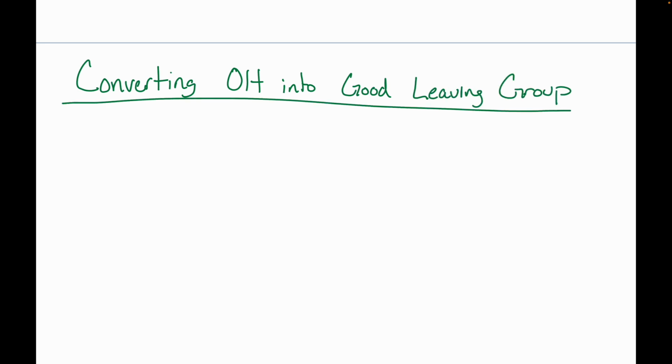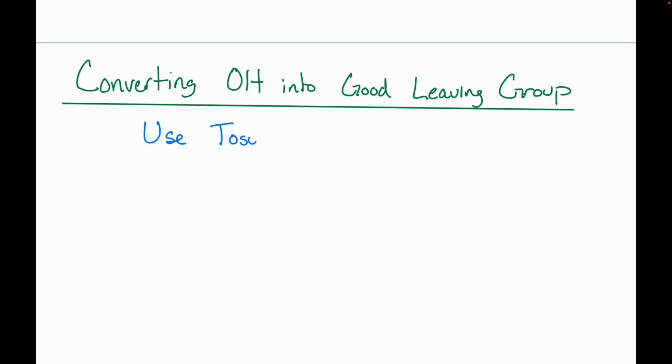All right, strategy 2 is going to be use what's called tosyl chloride. This is a very specific reagent with one job, and that is to convert that OH group into a good leaving group. It is this big fancy molecule that is specifically used for that purpose.